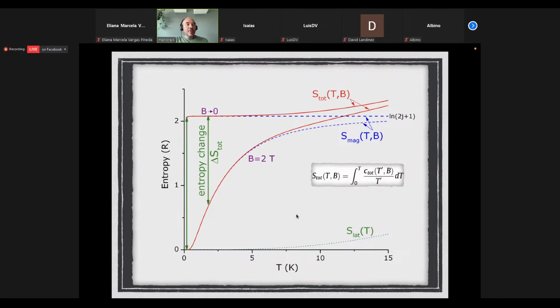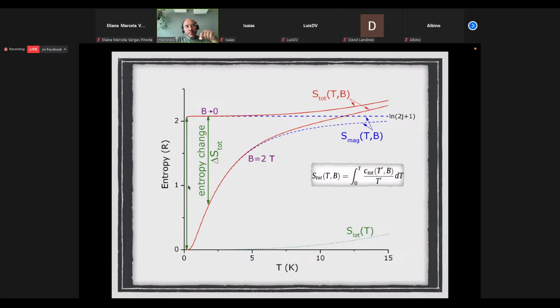That's the reason why the total entropy change is the same as the magnetic entropy change, because the lattice entropy does not depend on the magnetic field. Okay, it's very useful, this condition, when you make experiments, because the entropy change from the magnetic measurements is already the total entropy change for this case.